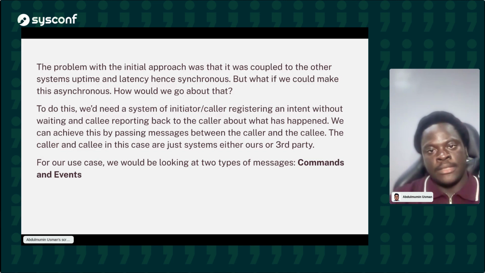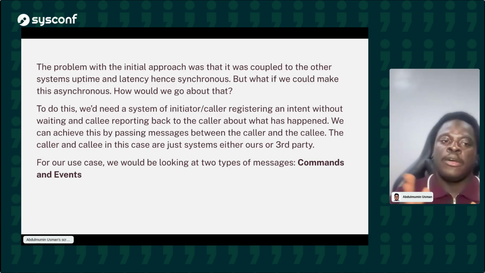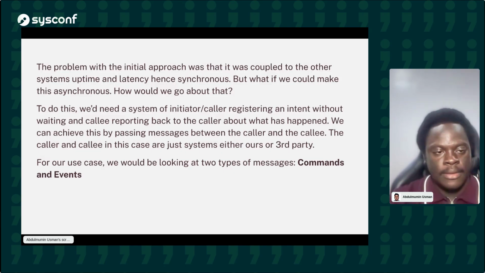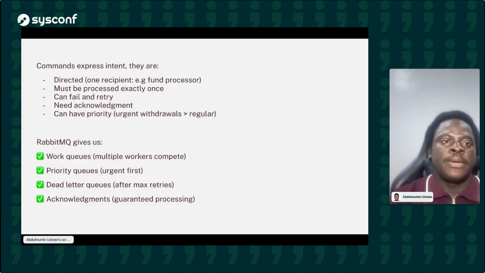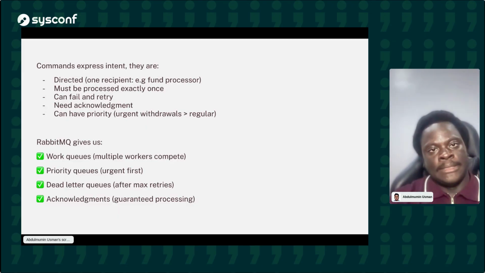For our use case, we'll be looking at two types of messages: commands and events. So what are commands? Commands are just messages that express intent. I want you to do something, just do this at this point in time. So it's directed.